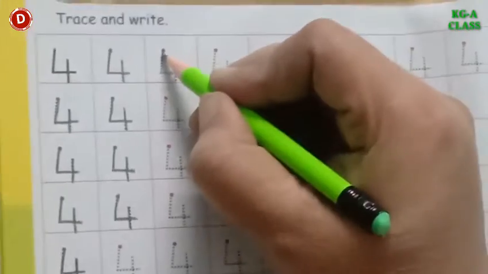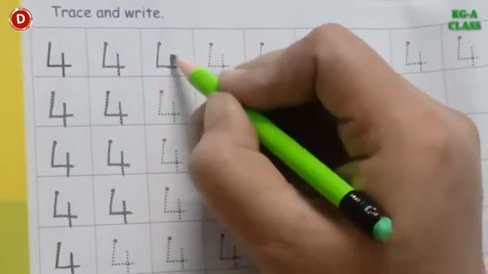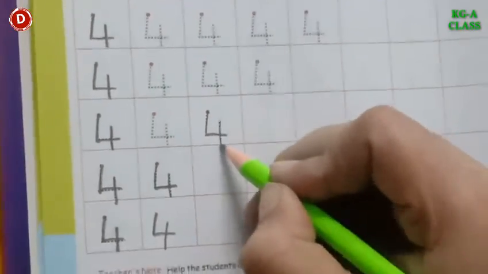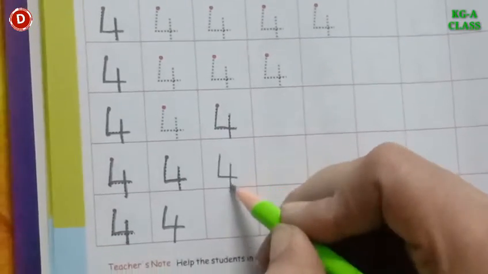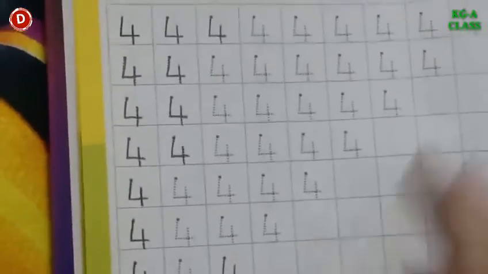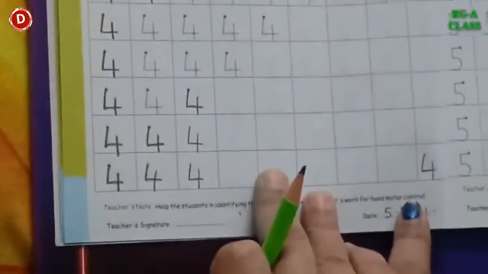Again you will trace and write first till here, and then you have to write on your own in these empty blocks. You have to finish writing all these blocks till here. In this way children, you have to write number 4. So write it. Finish this whole page and take its picture, send it to me.